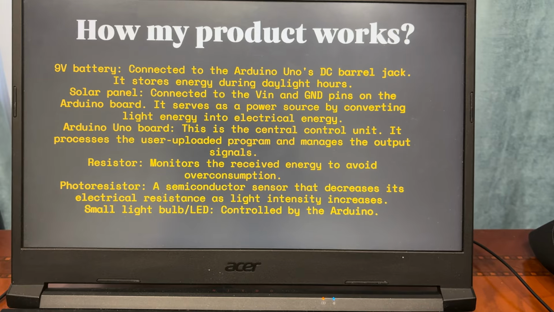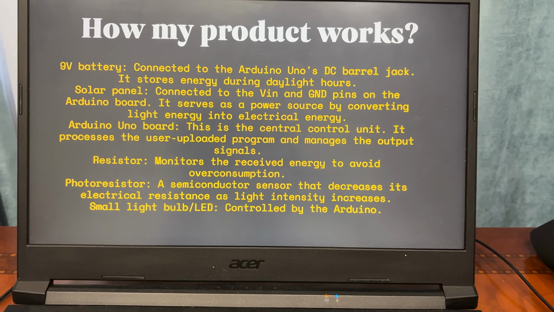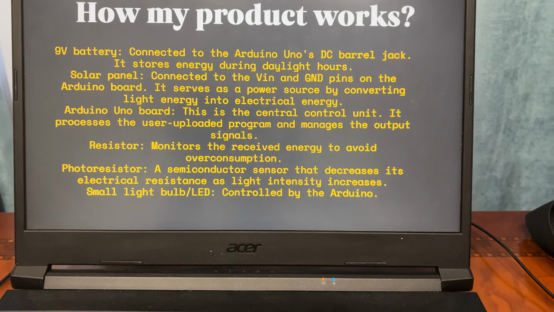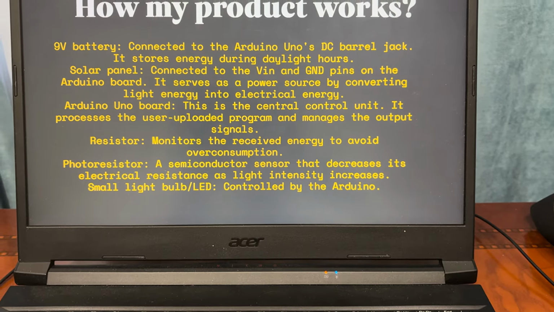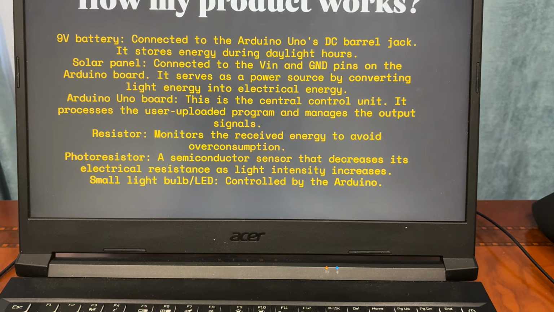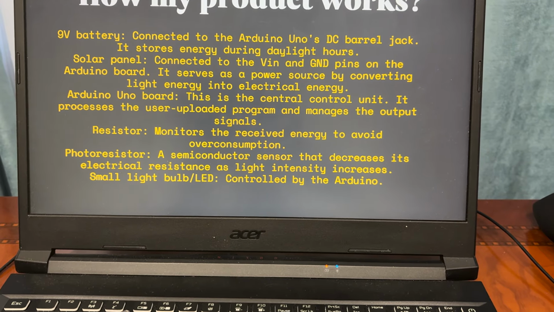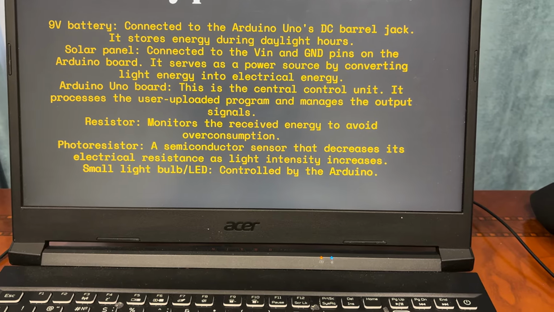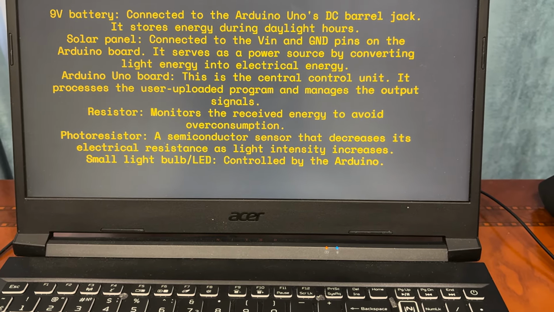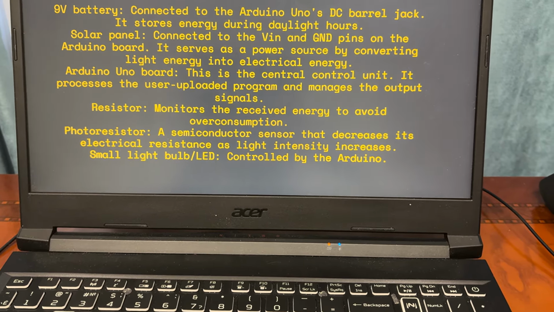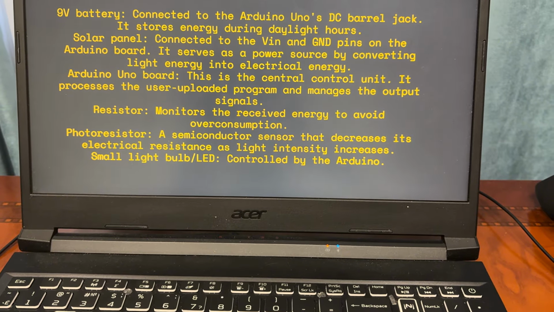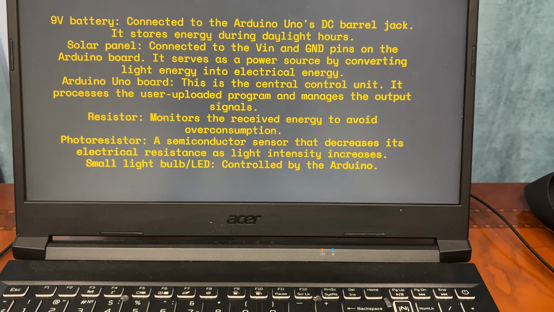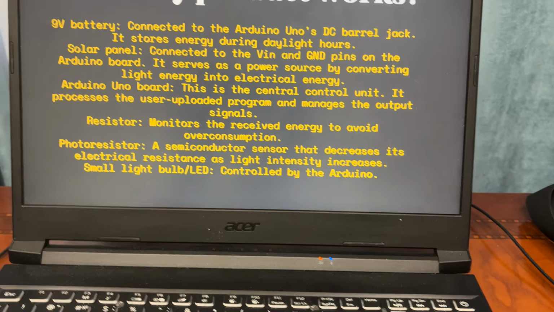It processes the user uploaded program and manages the output signals. A resistor monitors the received energy to avoid overconsumption. A photoresistor is a semiconductor sensor that decreases its electrical resistance as the light intensity increases. And a small light bulb or LED is controlled by the Arduino.